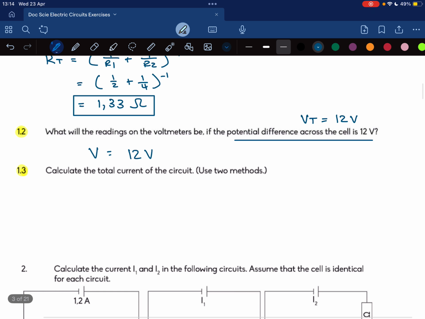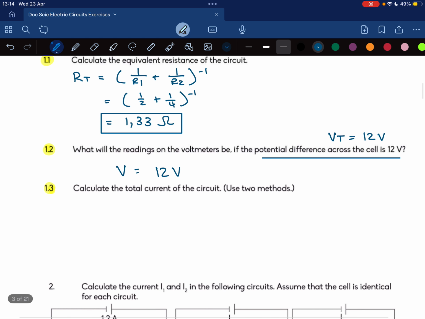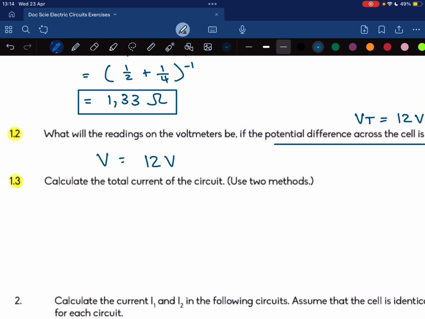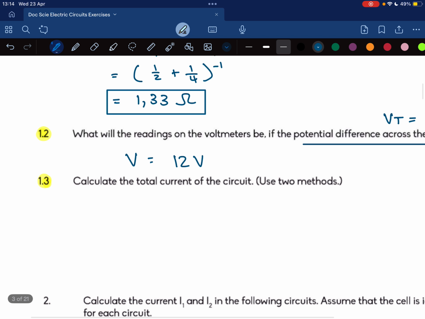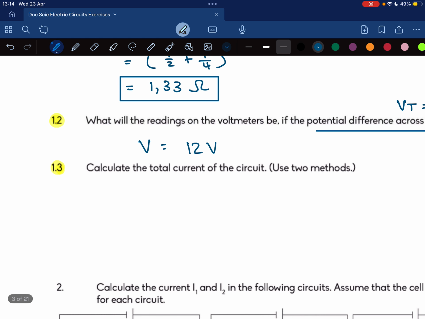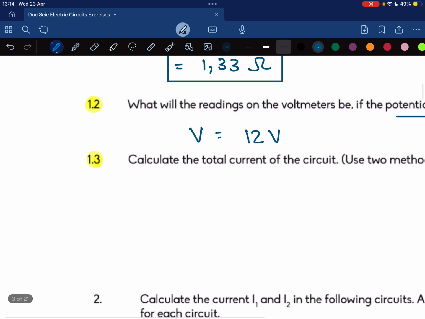Then it says calculate the total current of the circuit. Use two methods. Okay, so to calculate the total current, we can use the first method, which is using Ohm's law.